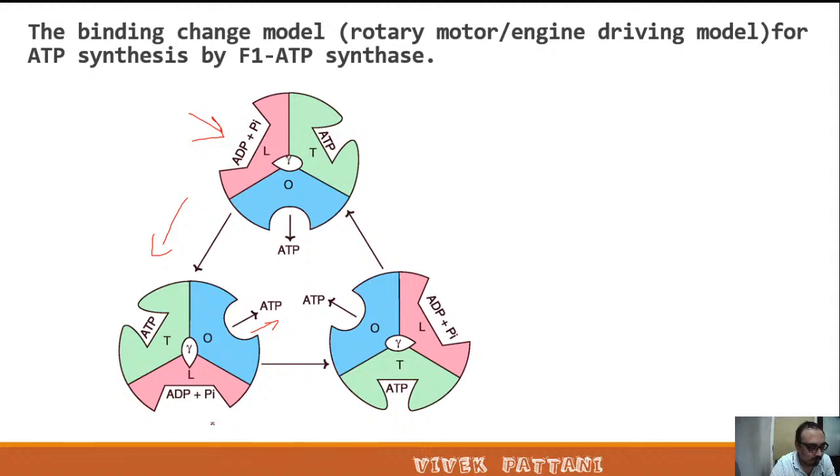At three different stages, ADP and Pi will be taken up by the system, and ATP will be released in the mitochondrial matrix.